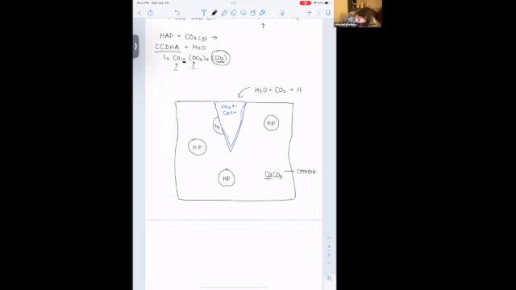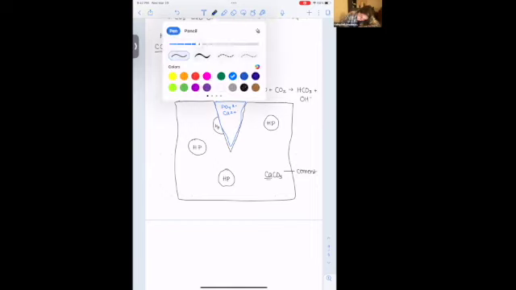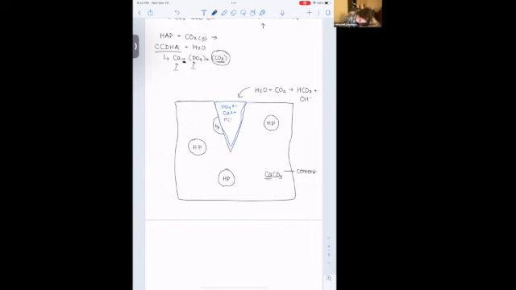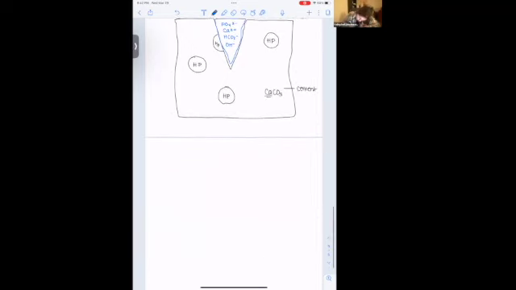So together, those will end up forming the carbonate and the hydroxyl groups. And so you end up getting all of the different components that you need for that self-healing to start to occur.